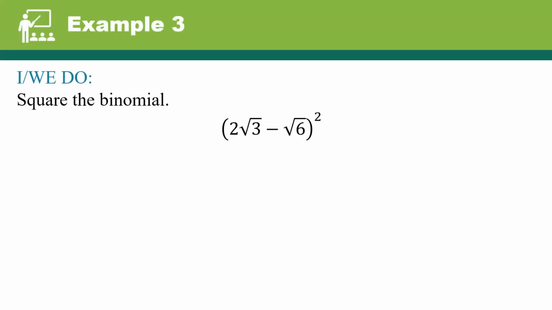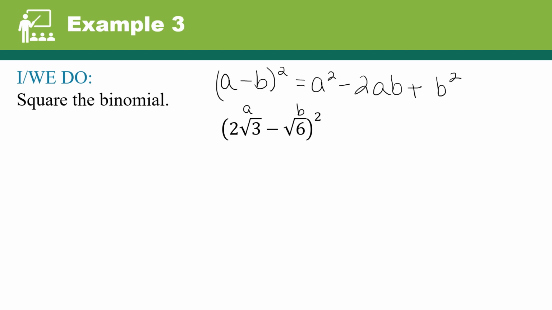We're going to square the binomial 2 times the square root of 3 minus the square root of 6. So I want to remind you again that a minus b squared would follow the formula a squared minus 2 times a times b plus b squared. In this case, 2 times the square root of 3 is my a, square root of 6 is b.